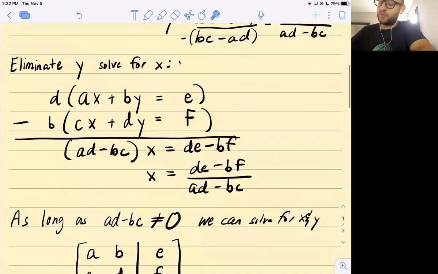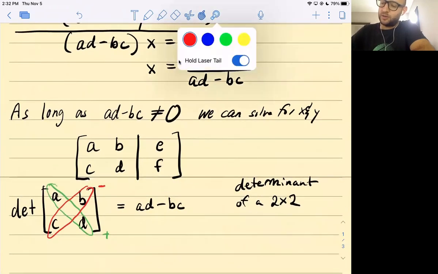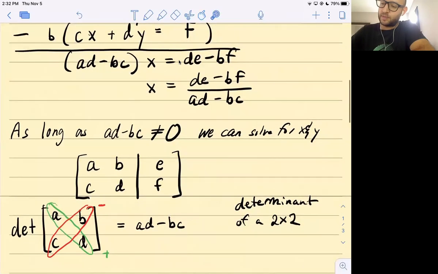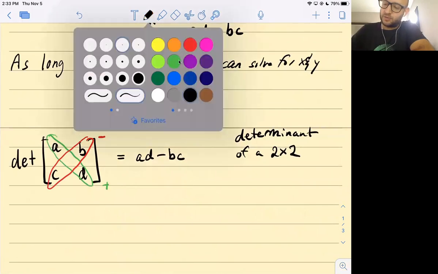So let's look at that in terms of the augmented matrix. If you look at what the numerator is for X, you take your target, which is the augmented part, and the target shows up in the numerator. If you recall, this is the X column, this is the Y column. So you take your target, and instead of A C, you just plug in E F. This is Cramer's rule here.